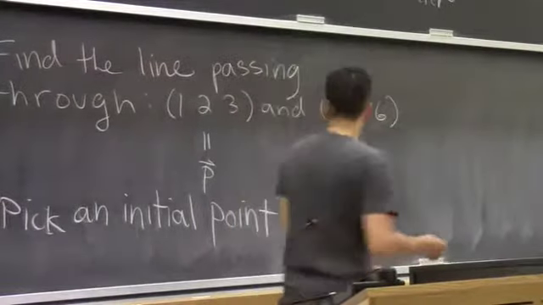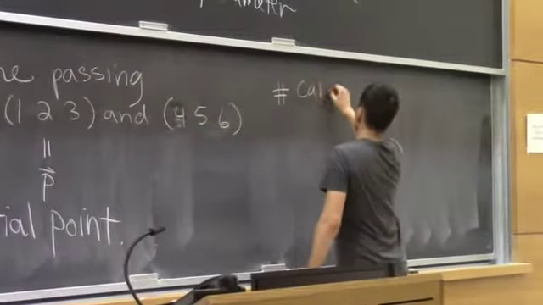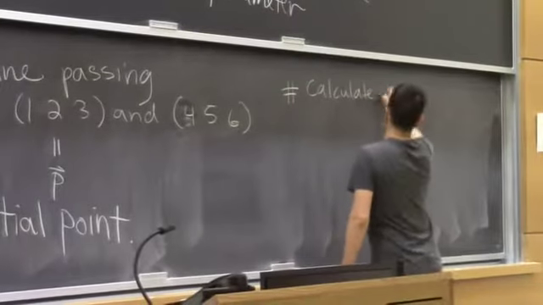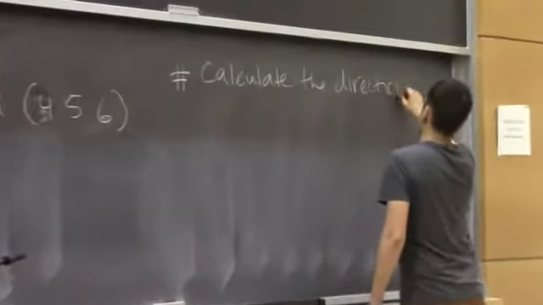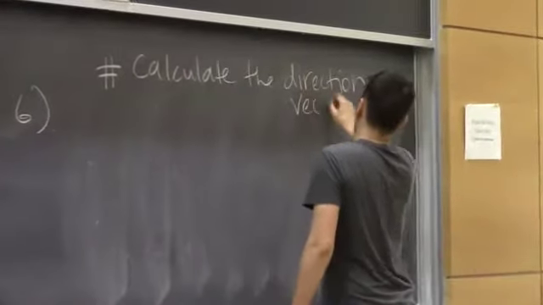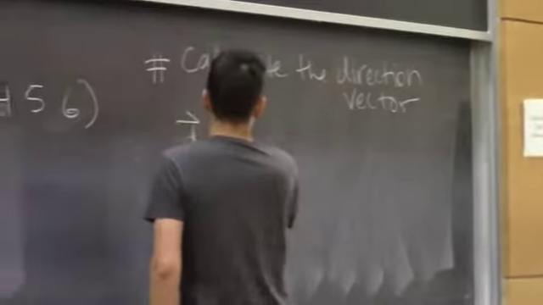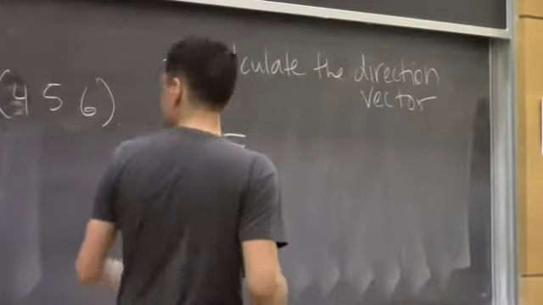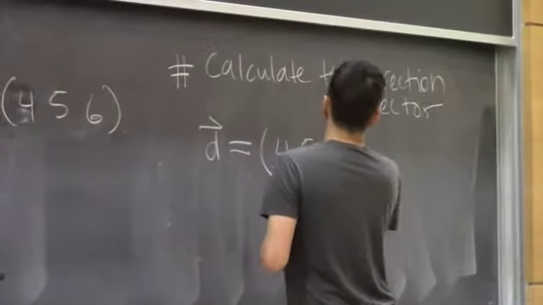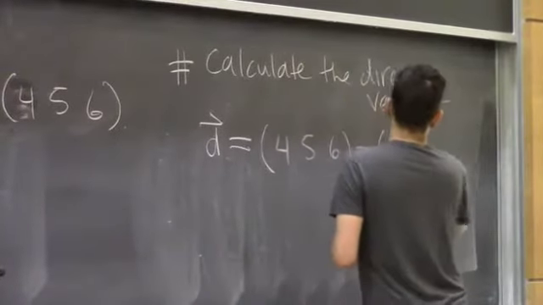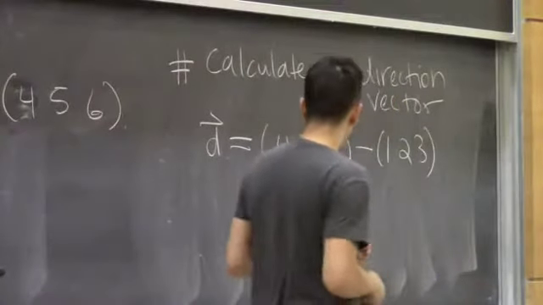Subtract them. Yeah, good. So okay, we're going to say the direction vector is 4, 5, 6 minus 1, 2, 3.